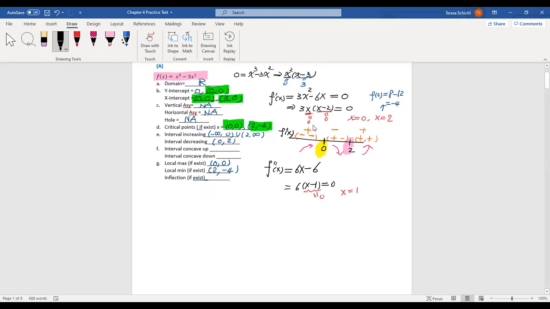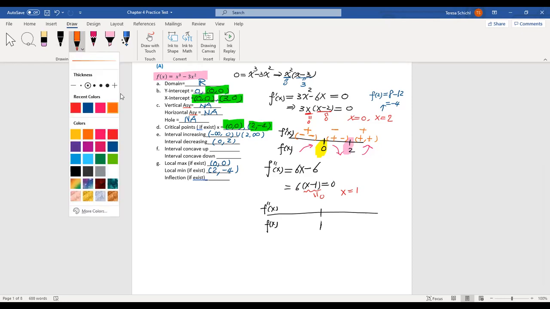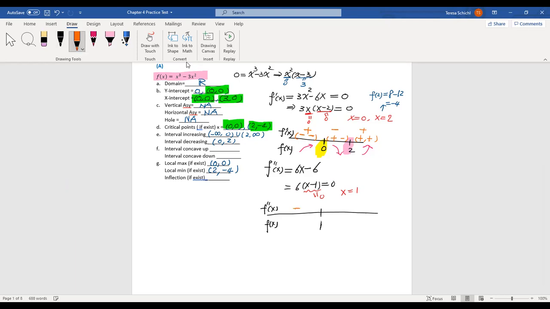Okay, so now let's try to see the concavity. So this is 1, and this is the f double prime of x. Let's see the positives and negatives so we can decide. For anything less than 1, this is negative, right?